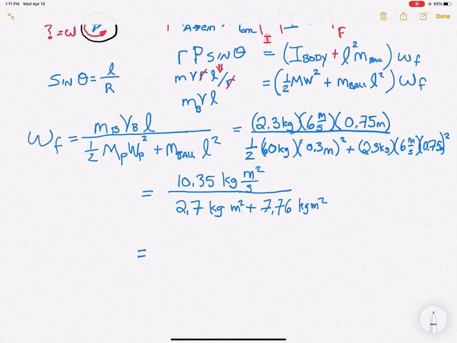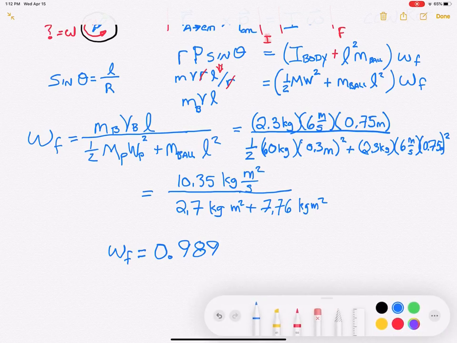So with 7.7, I can add to that 2.7, and then I can take the 10.35 and divide it by the answer. And I have an omega final, which is very close to 1, 0.989.